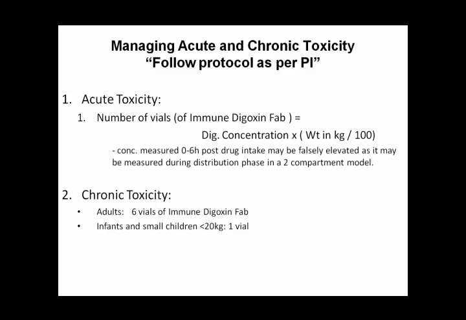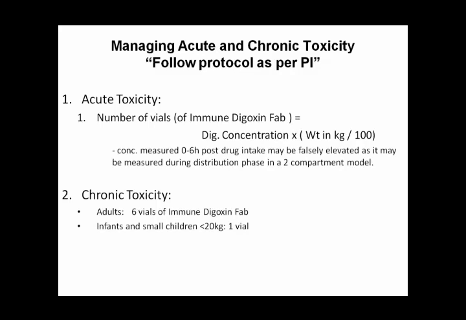In case of chronic toxicity, the recommendation as per the package insert is to go ahead and give 6 vials of immune digoxin Fab. And for infants or children less than 20 kilograms, we only give 1 vial.